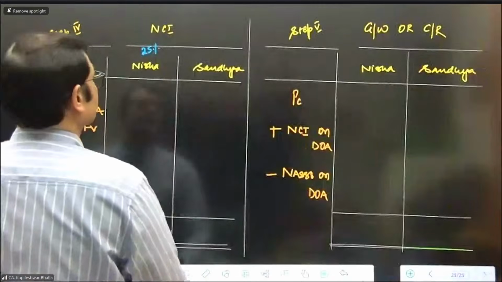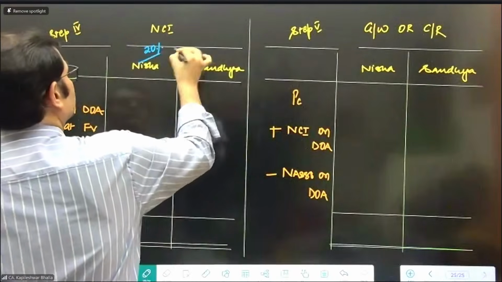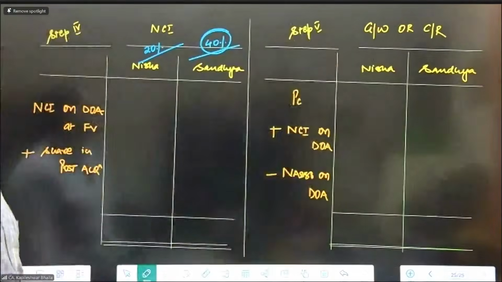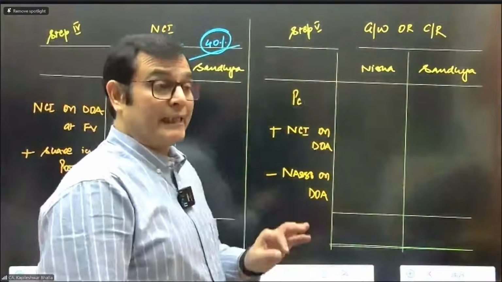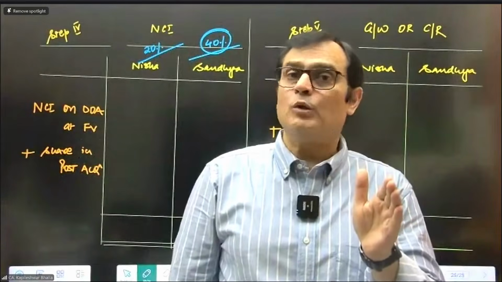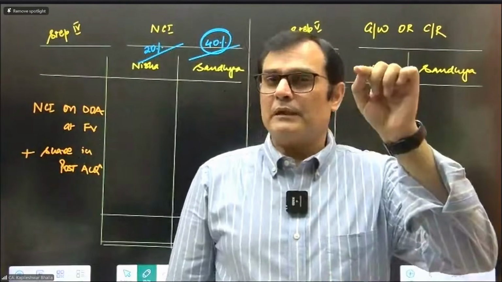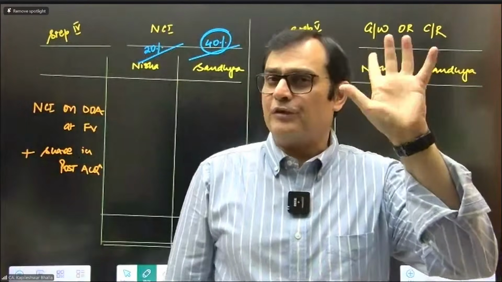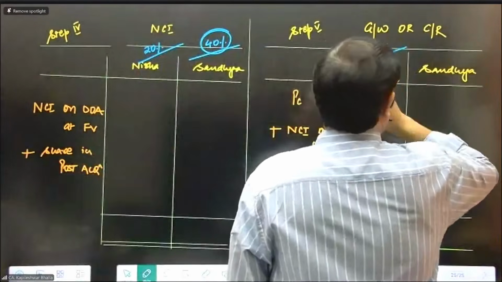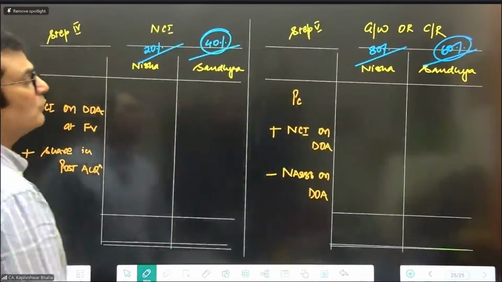Since the parent has got an 80% stake, the NCI has got 20%, but for the bottom company we need to consider 40%, what we computed in step 1. So when you're calculating your NCI, it's good to organize, because for the middle company, we know 80% parent, 20% NCI. But for the bottom company, we took the effective percentage in step 1, 60-40. Here again, we can say this is based on 80%. And this is based on 60%, what you computed in step number 1.